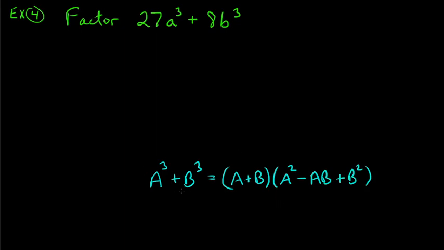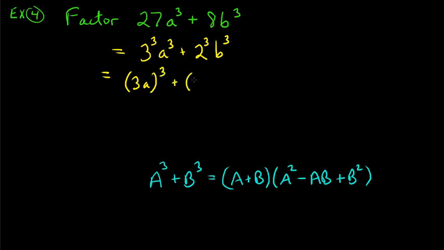Okay, so now we just have to figure out what is capital A and what is capital B. Well, so 27 is 3 times 3 times 3. It's 3 cubed, right? And 8 is 2 times 2 times 2. It's 2 cubed. So this is 3 times little a to the power 3 plus 2 times little b to the power 3.